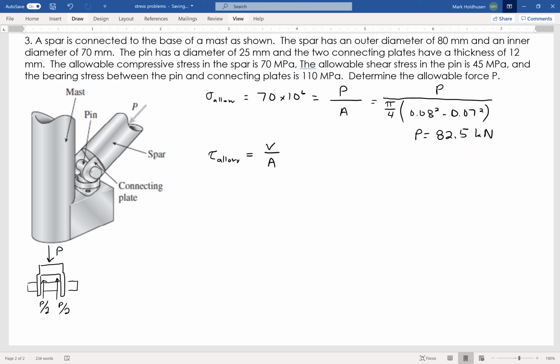Okay, so again, using my equation for tau allow, I'm going to start with the 45 times 10 to the 6. That's the allowable shear stress. My shear force is going to be that P that I'm looking for divided by 2. And that's going to be divided by the area. Now, this is the area of the pin, right? Because if that shears, it's going to shear across that circular pin. And that pin has a diameter of 25 millimeters.